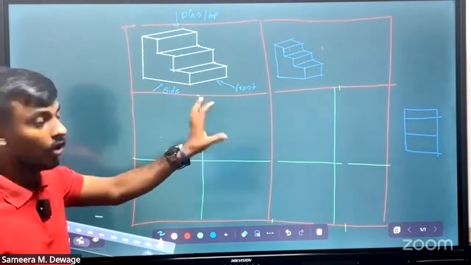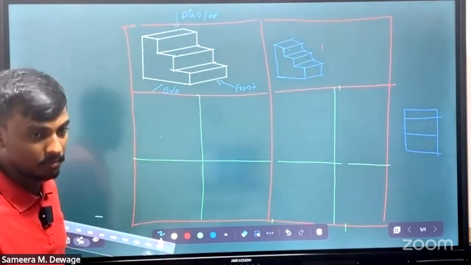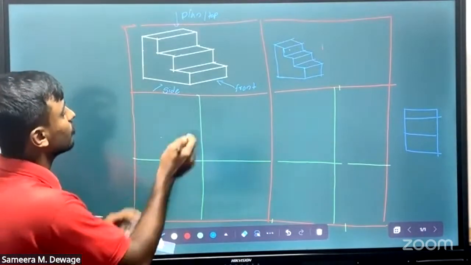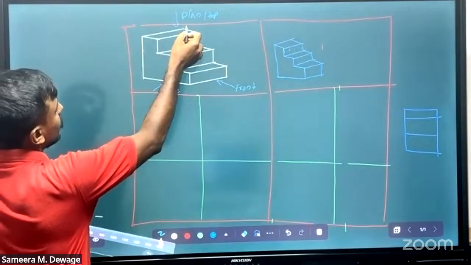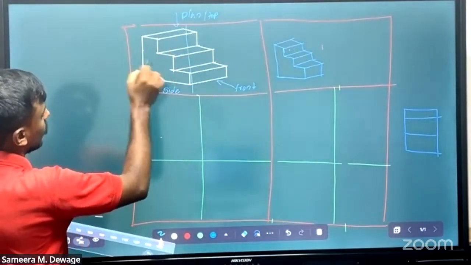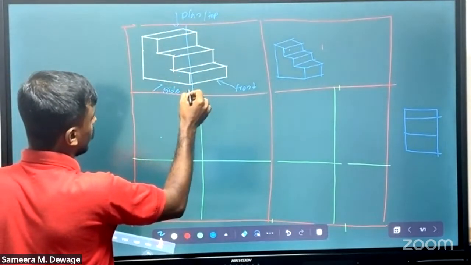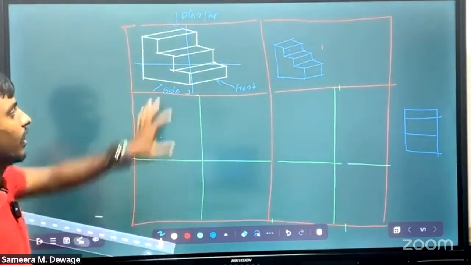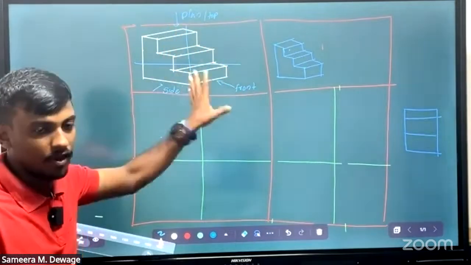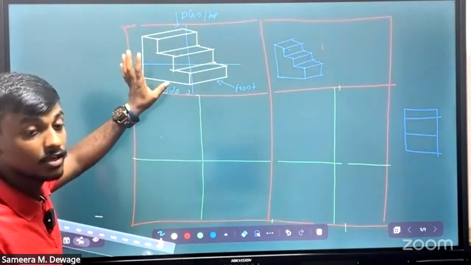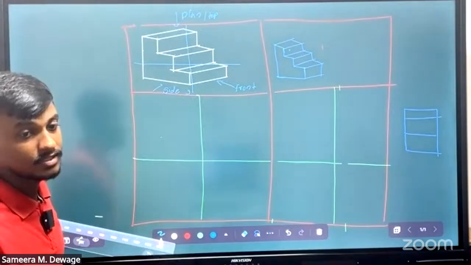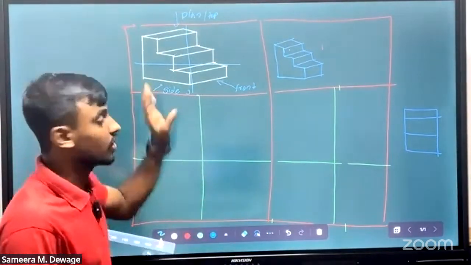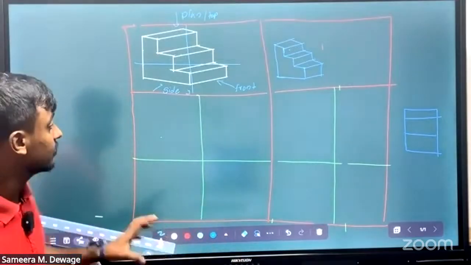You are going to draw that projection image. The first thing you need to draw is this, your y line and this is your x line, right? This is x, this is y. First you need to draw these two lines.